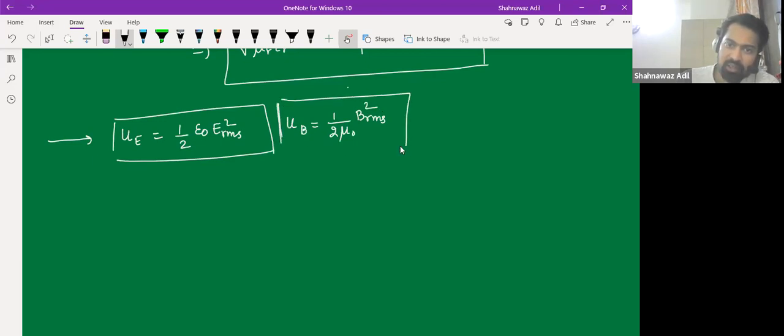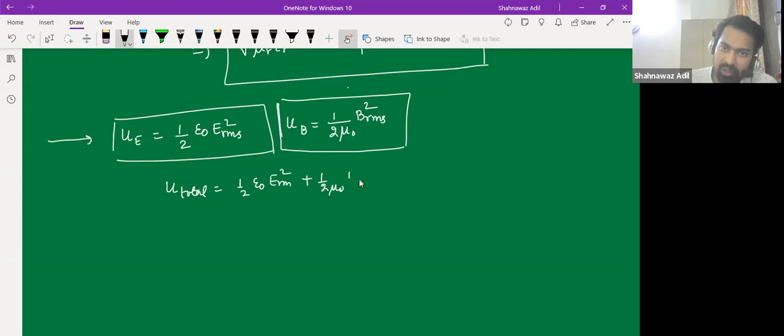So these are the energies. And the total energy would be half epsilon naught E RMS square plus half mu naught B RMS square, right? So these are the things.